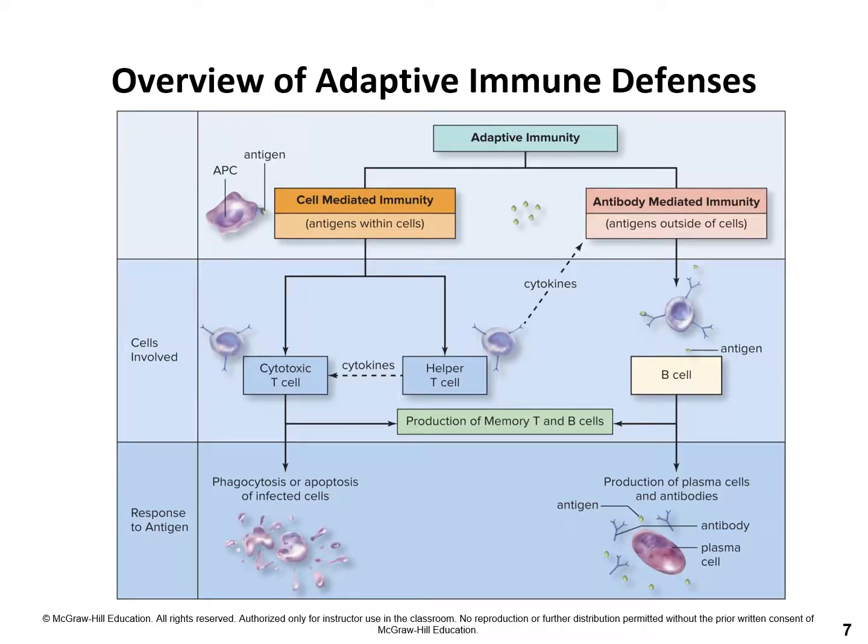So this is an overview of the adaptive immune defenses. In this first row, you can see the adaptive immunity and how it's split into the cell-mediated immunity, which is going to eliminate antigens that are found within cells, like virus-infected cells, and the antibody-mediated immunity, or the humoral immunity, where this pathway is going to rid the body of antigens that are outside of cells, mostly bacterial pathogens.